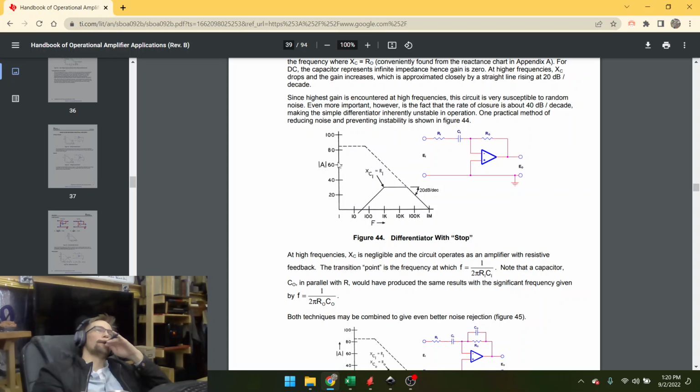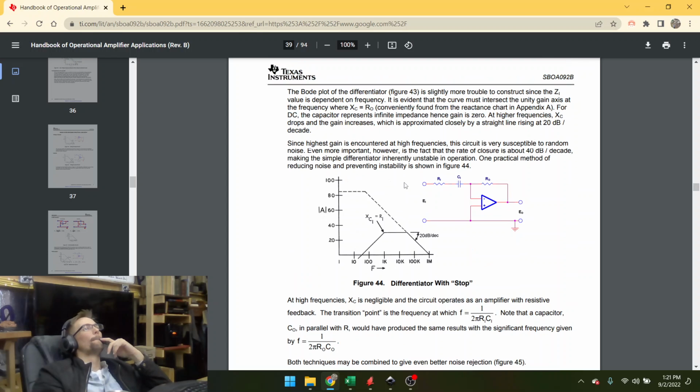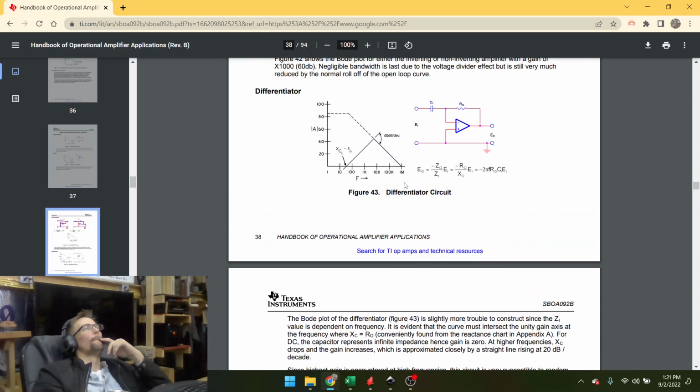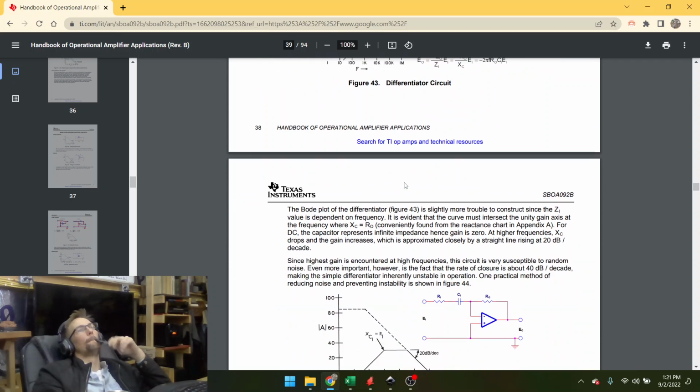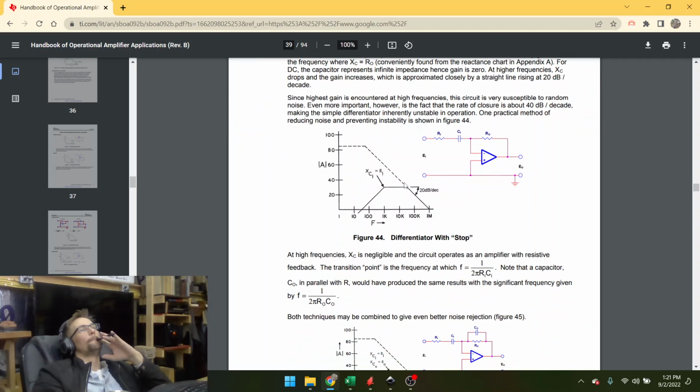So at high frequencies, XC is negligible, and the circuit operates as an amplifier with resistive feedback.